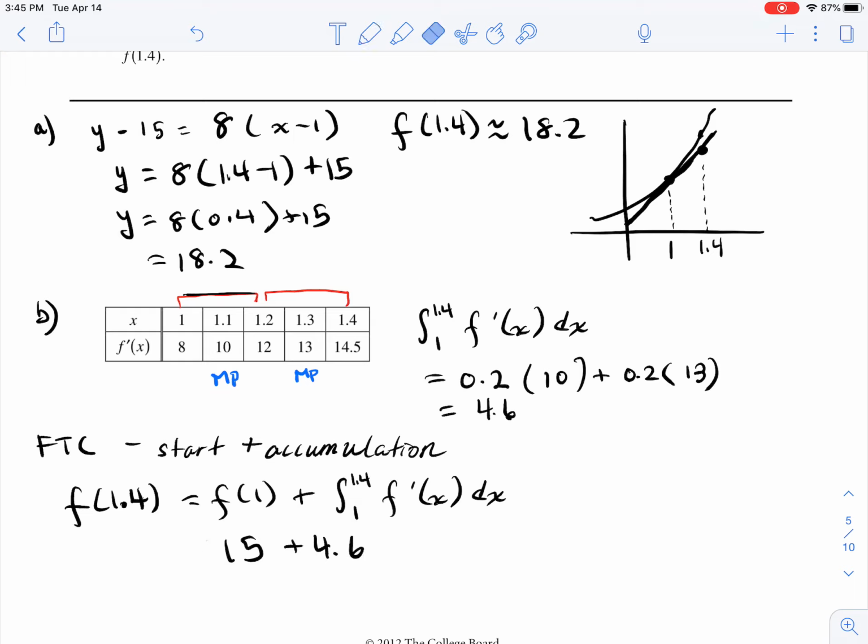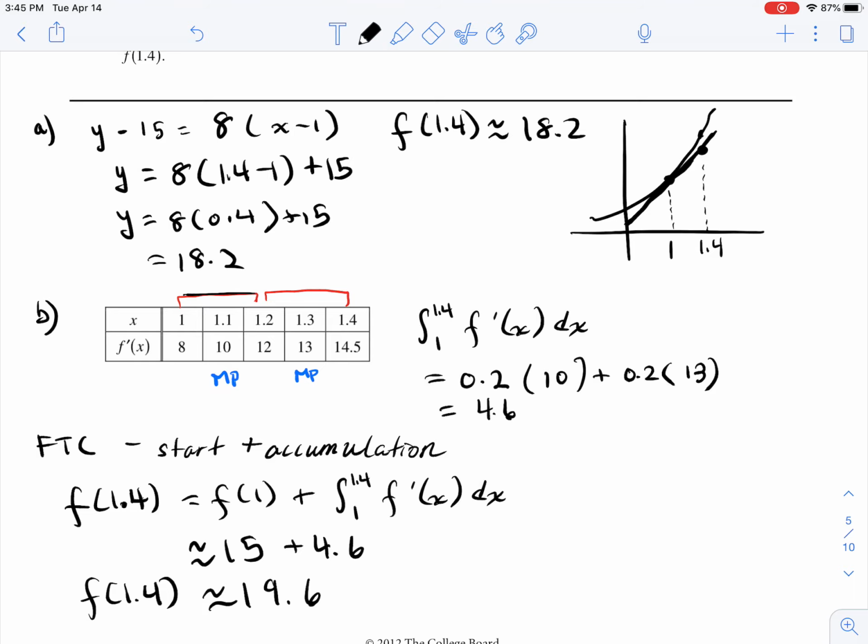And I should be clear here, this is approximate. We're saying f of 1.4 is approximately equal to 19.6 using both the midpoint Riemann sum and the fundamental theorem of calculus.